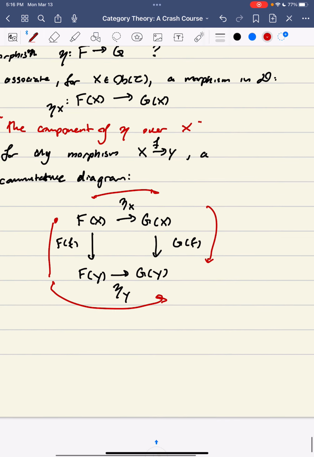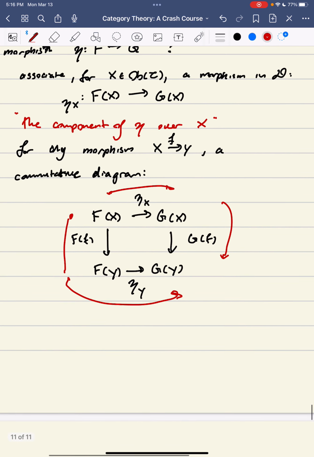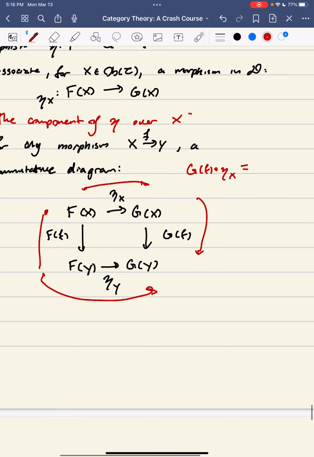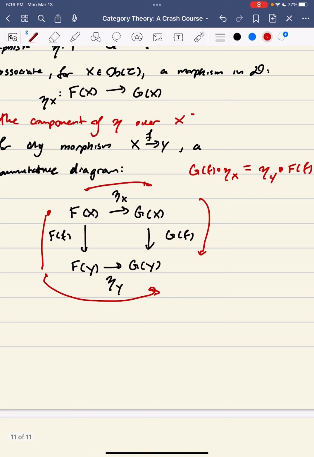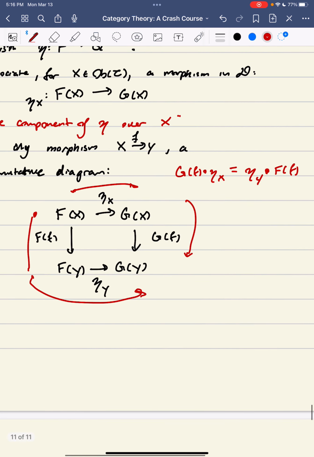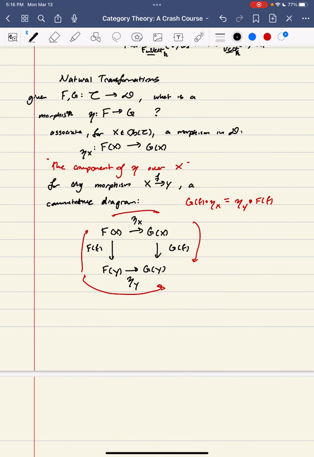So when I say this thing commutes, I mentioned this a few times last week, it means that G of f composed with eta sub x is equal to eta sub y composed with big F of f, as functions or objects in the category D. Okay. Such a morphism between functors is called a natural transformation.